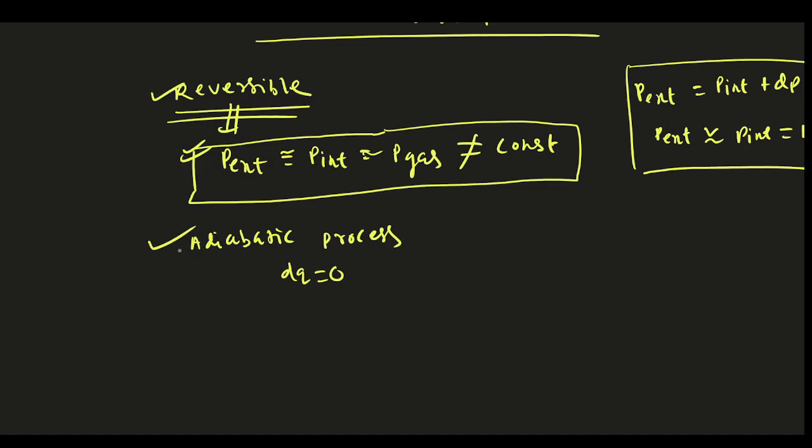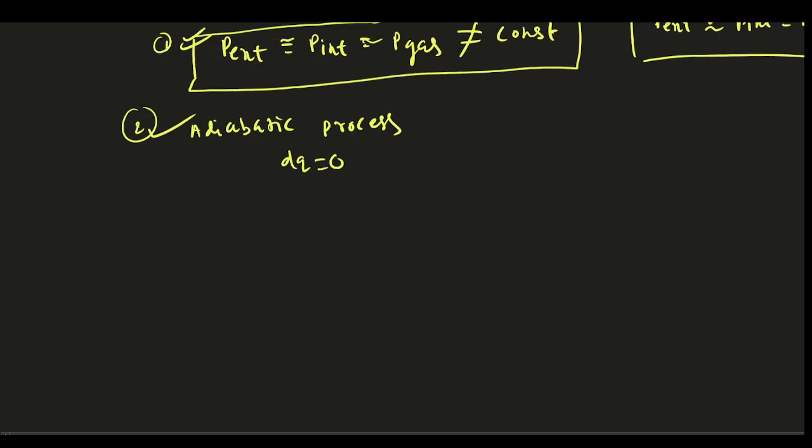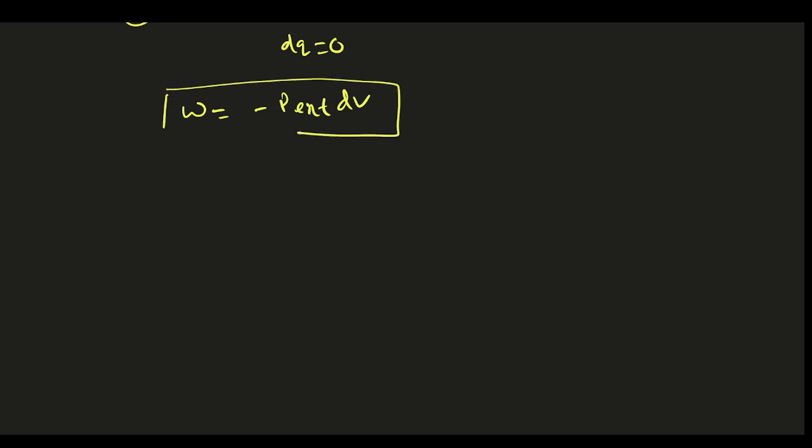If we apply both conditions to the work done, what will the work done be? So now we are deriving the work done for reversible adiabatic processes. We will apply these conditions in the work done expression. So work is minus P external dV. Yes, this is the work done expression.